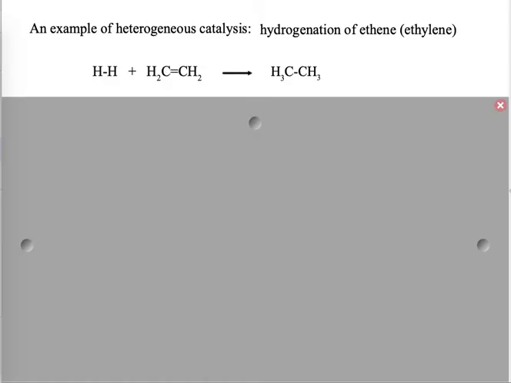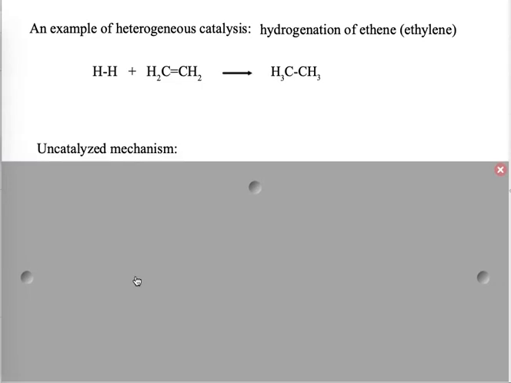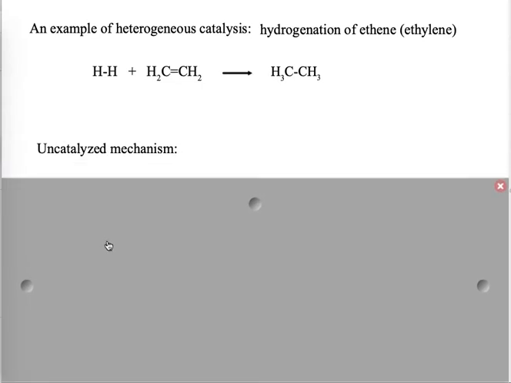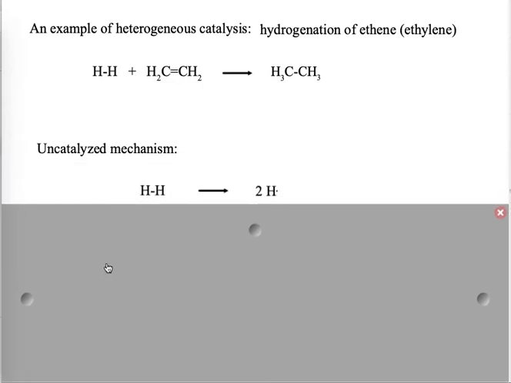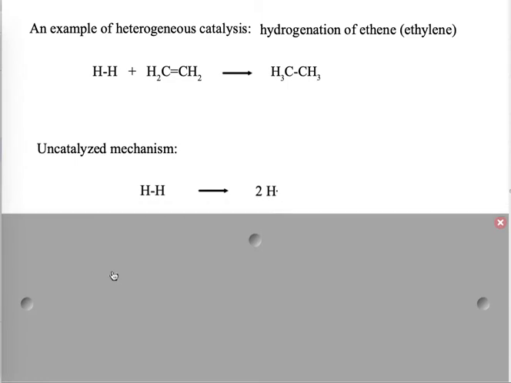Here's an example of heterogeneous catalysis. Hydrogenation of ethene, also known as ethylene, C2H4. We're simply adding a molecule of dihydrogen across the carbon-carbon double bond, making it a carbon-carbon single bond. Now, the uncatalyzed mechanism requires breaking of the hydrogen-hydrogen bond to form two hydrogen atoms, indicated by H dot.